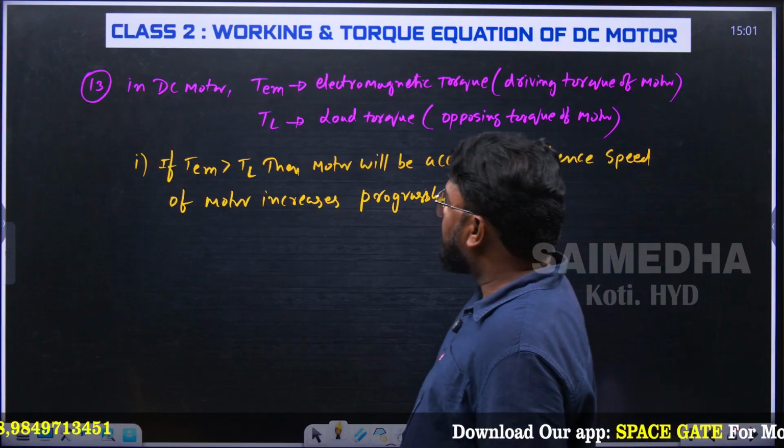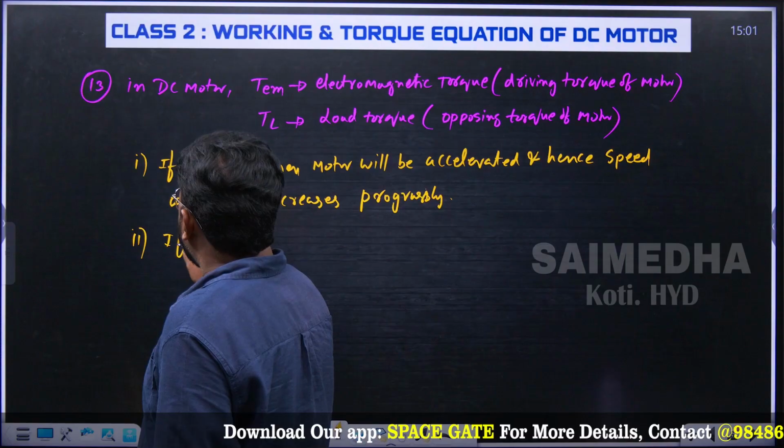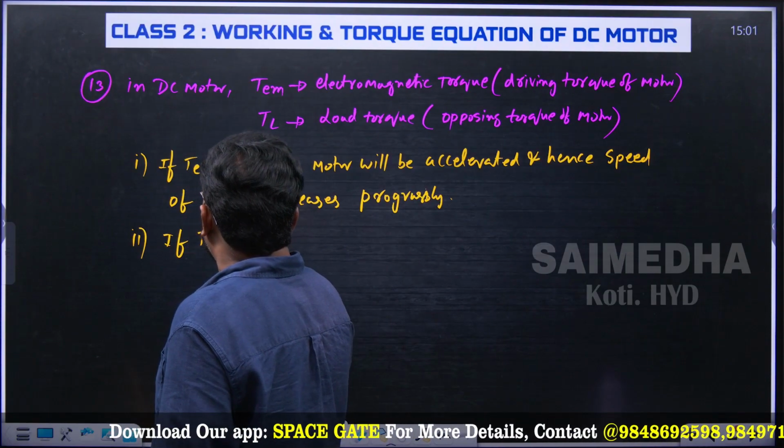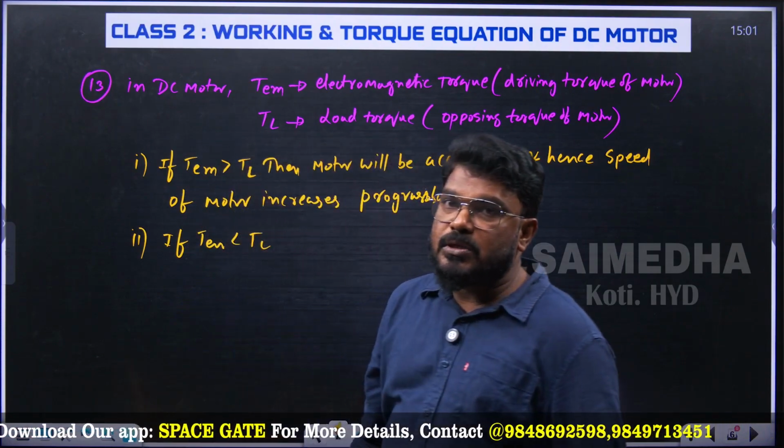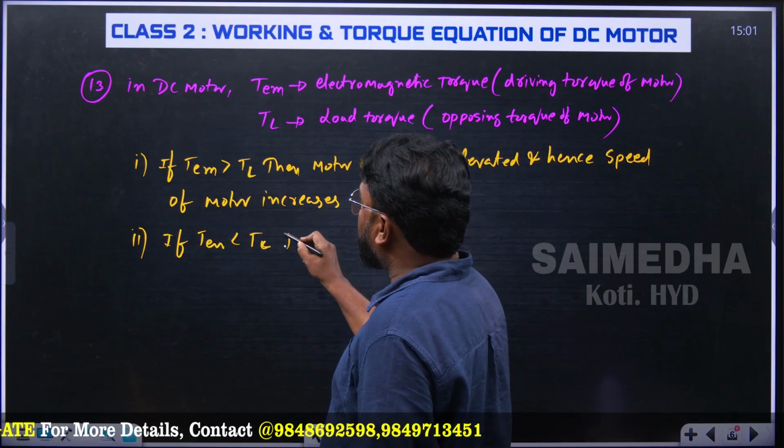The second case: if the electromagnetic torque is less than the load torque. Suppose the driving torque is less as compared to the load torque, then what will happen?